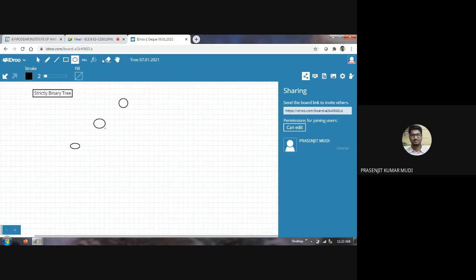So this is a root, and it should be fully saturated. It means this root node has the maximum number of children, that is two. So let's give some names: this is F, and this is A, and this is B.